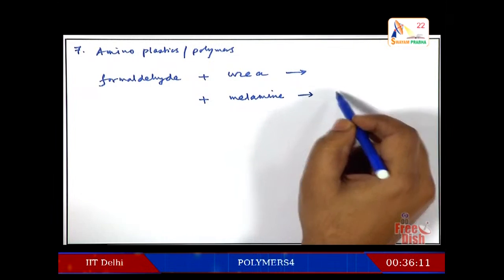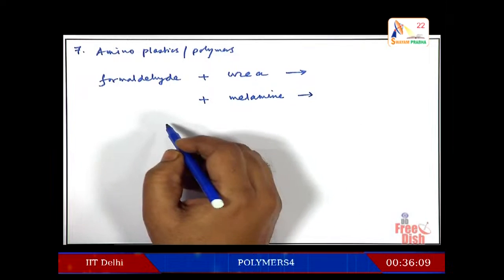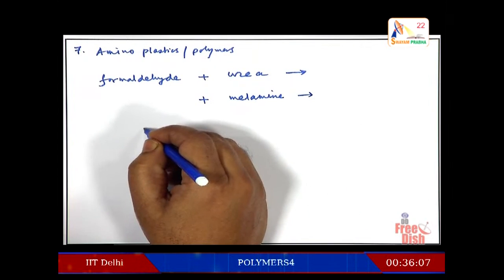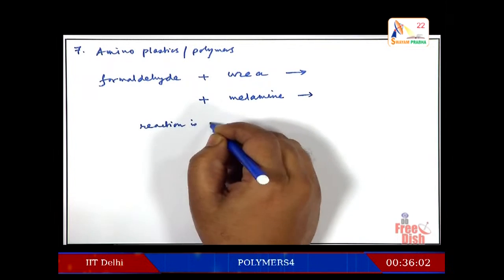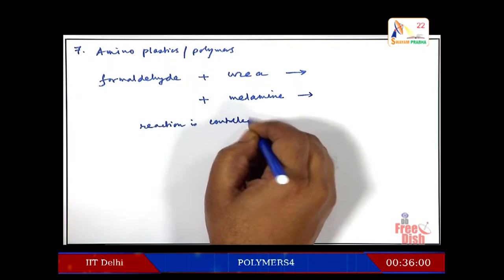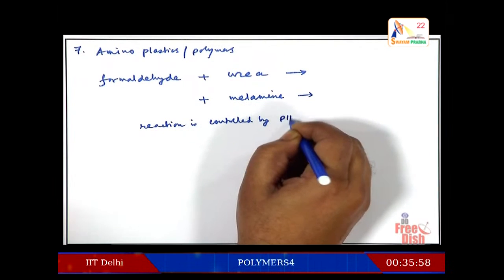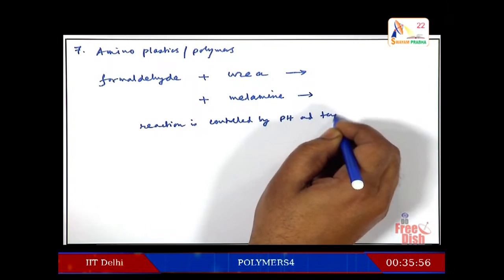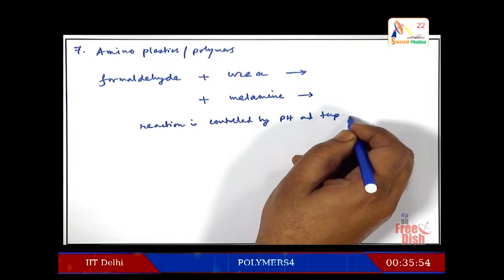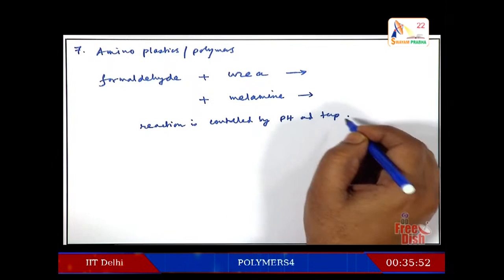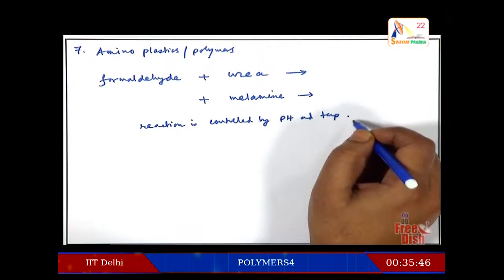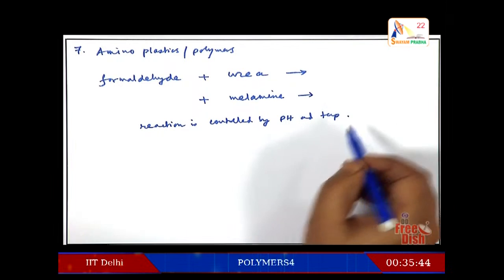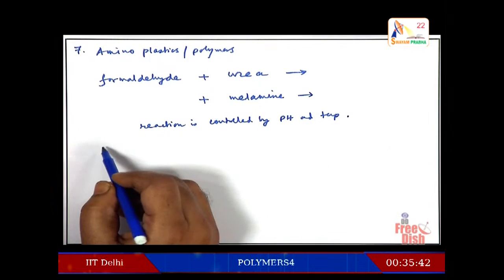So, you get again a cross link product, and the reaction is controlled by pH and temperature of the medium. And the reaction is stopped by cooling down the temperature and bringing the pH to near neutral pH.